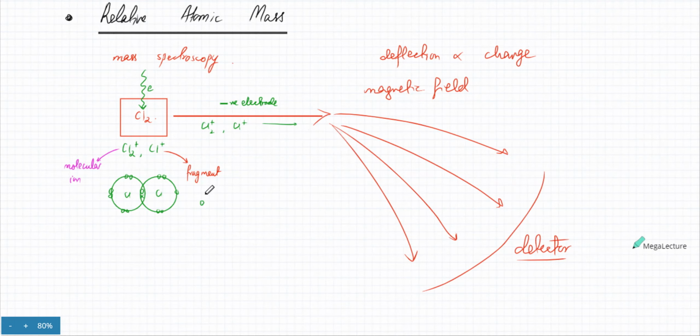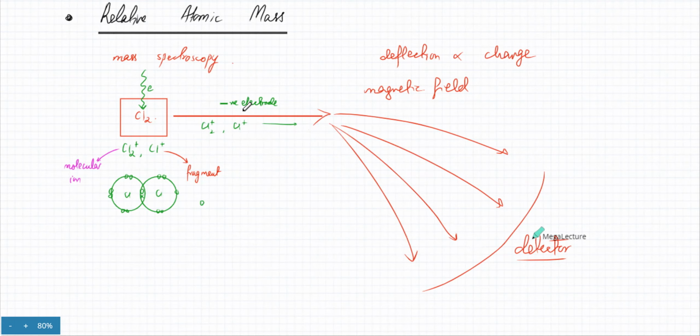It's not always one electron getting knocked out; it could be more than one. The problem with +2 and +3 would be that the deflection would be so much that the detector would fail to detect them, which is why your detector is calibrated so that it's only at those positions where you're going to get +1 particles, which is why mass spectroscopy only actually detects +1.